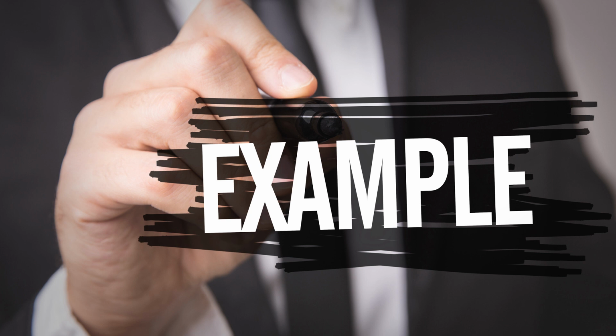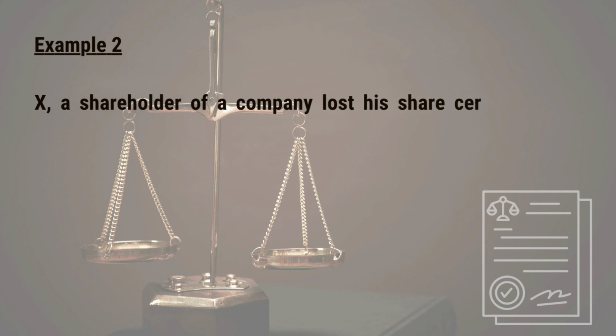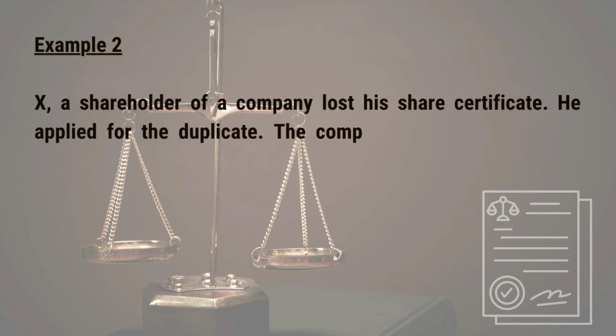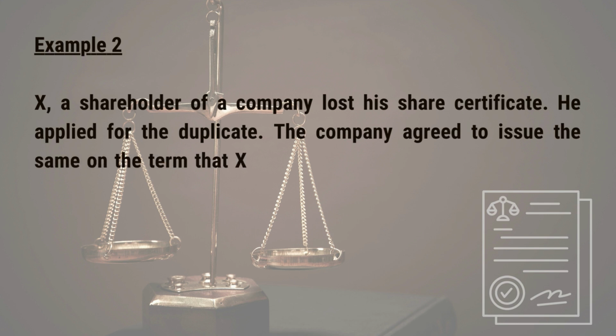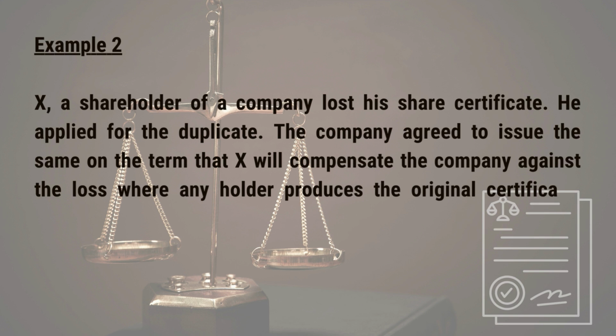Or I could take this example from the angle of a company. For example, there is one shareholder, Mr. X. X, a shareholder of a company, has lost his share certificate. Then he applied for a duplicate. The company agreed to issue the same on the term that X will compensate the loss if any holder produces the original certificate.